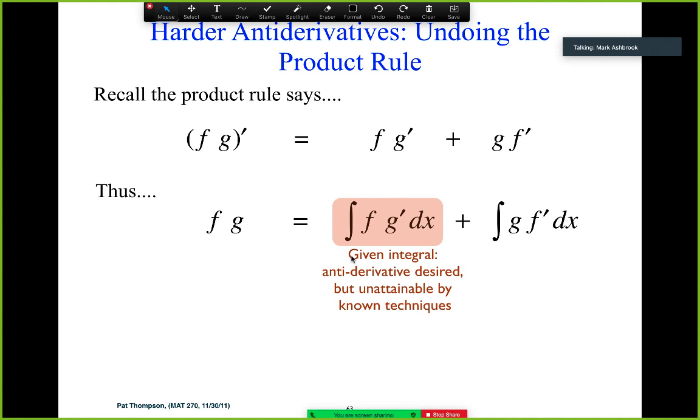Okay? So then the strategy is, if the other term of the product rule is attainable, is doable, well, then we can solve for this indirectly. How would we know what the value of this antiderivative was if we knew this one? What would we do?